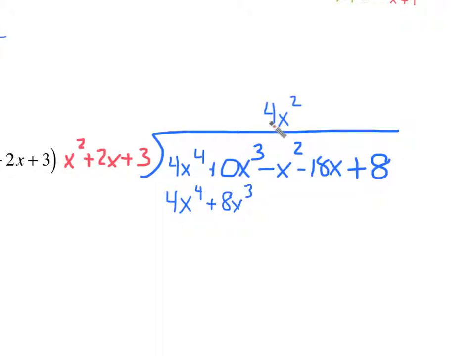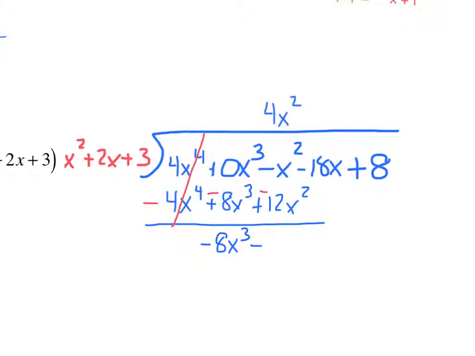So the 4x squared goes to the 3 to give me a 12x squared. Now I draw my line and take the opposite of all 3 terms down below. The quartic term drops out. The negative 8x cubed comes down. And the negative 13x squared comes down.